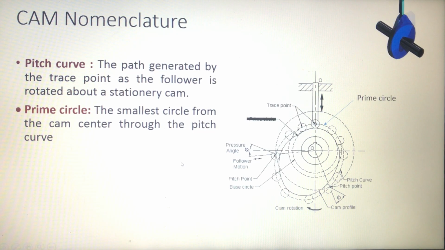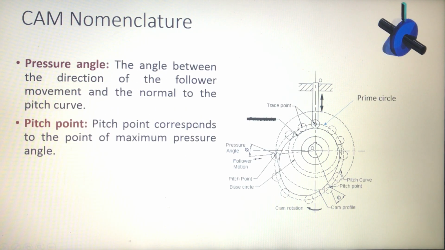Please remember this. Next, pressure angle. The pressure angle is the angle between the direction of the follower movement and the normal to the pitch curve. For example, here this is the direction of the follower motion.